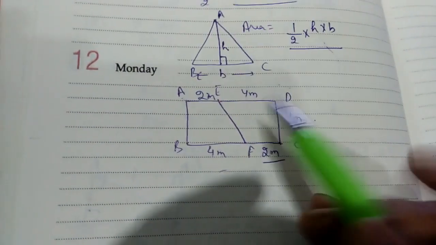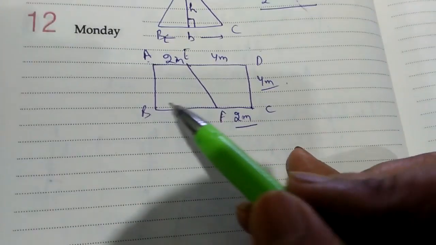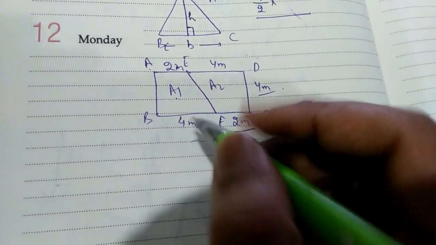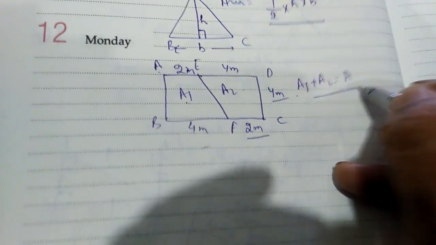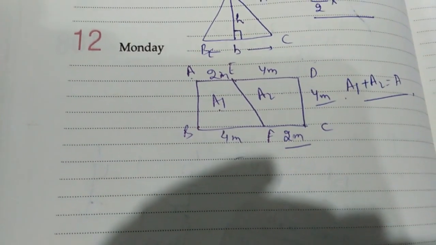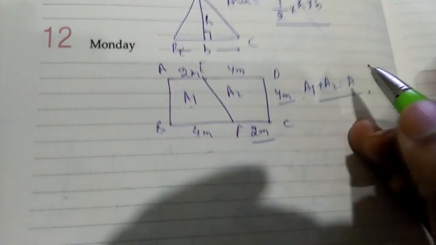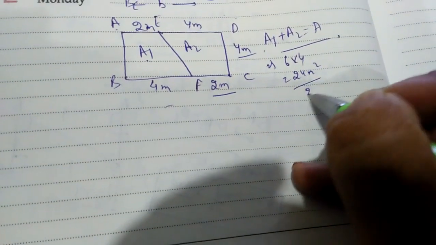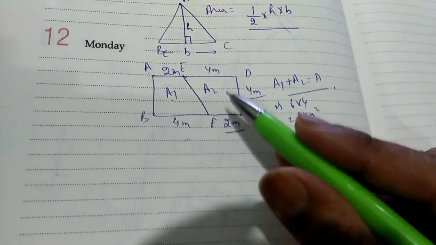It has been cut in a way you can understand; although this is not a triangle, these two areas A1 and A2 are equal, and A1 plus A2 is equal to the area of the rectangle, because they are the same. There's nothing different about them. So the area is 6 into 4, which is 24 meters square, divided by 2. Both these parts are the same, so 12 meters square is the area of every cut piece.